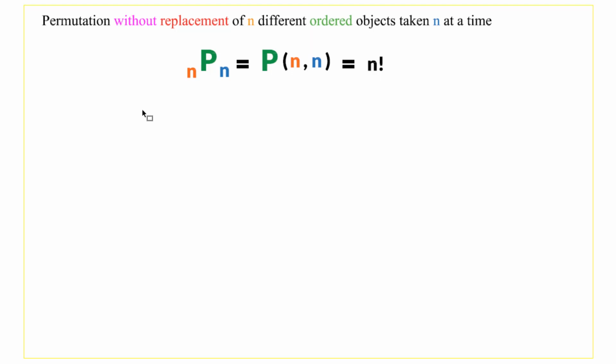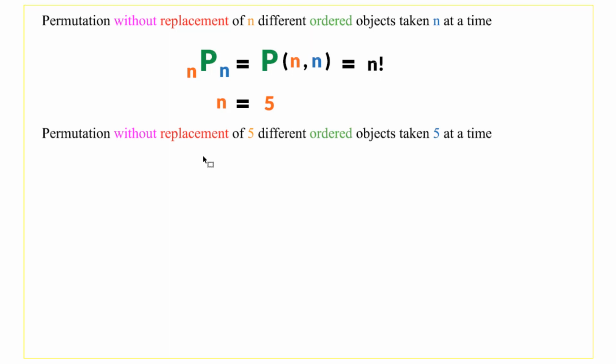In such case we have 5 letters, we are permuting 5 letters taken 5 at a time, and that is 5 factorial.